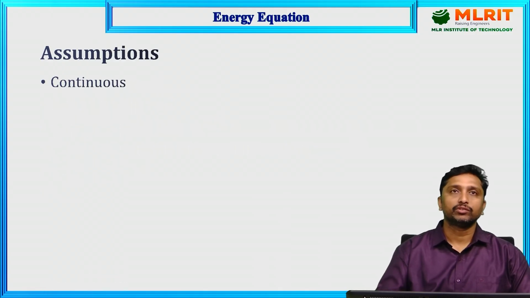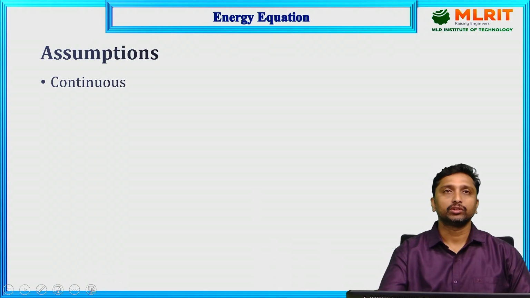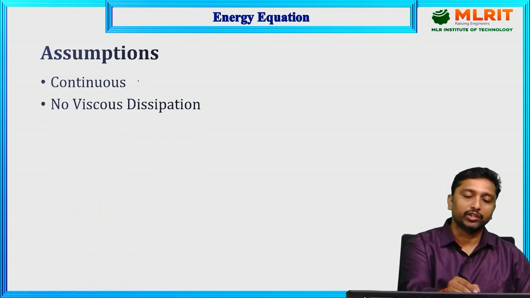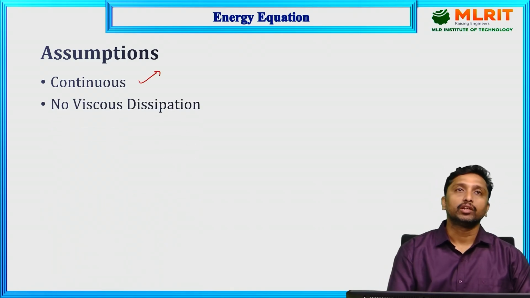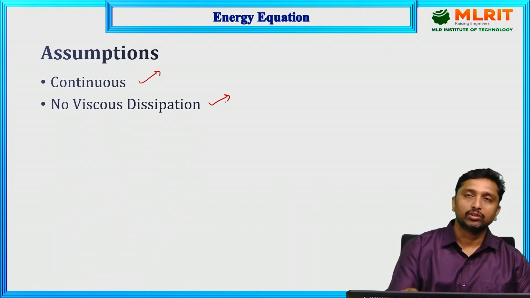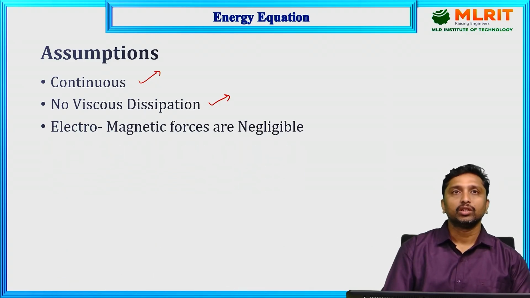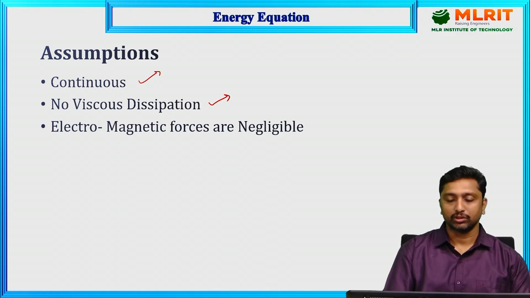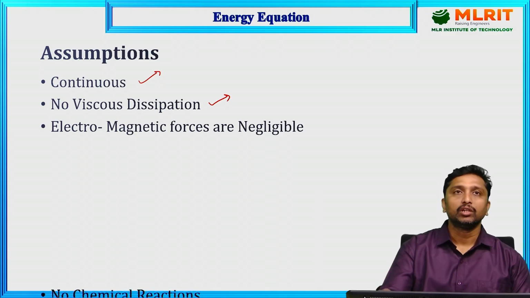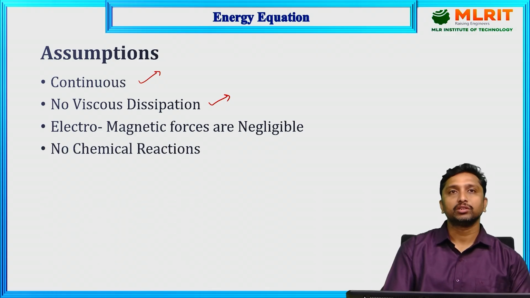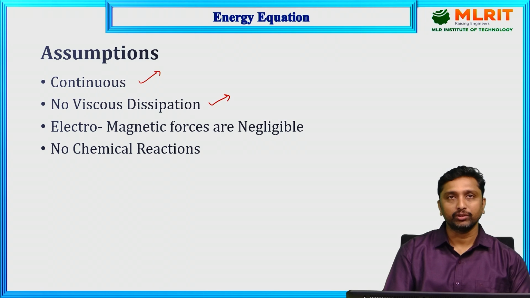So as we already discussed, the list of assumptions includes: flow is assumed to be continuous, and no viscous dissipation. As we all know, viscous dissipation will impact the energy of the system. Electromagnetic forces are assumed to be negligible. Along with that, we are considering there are no chemical reactions.